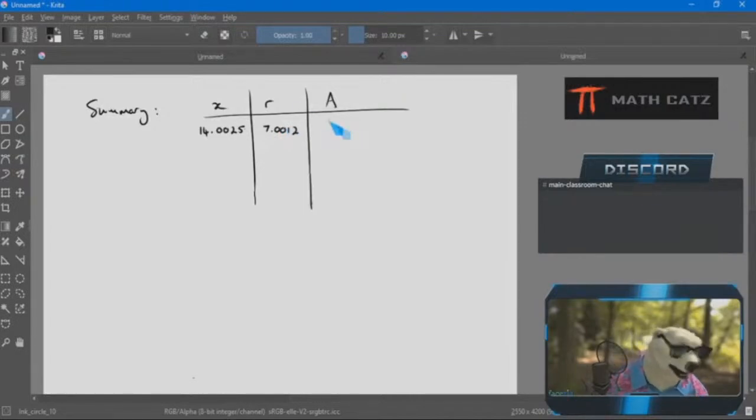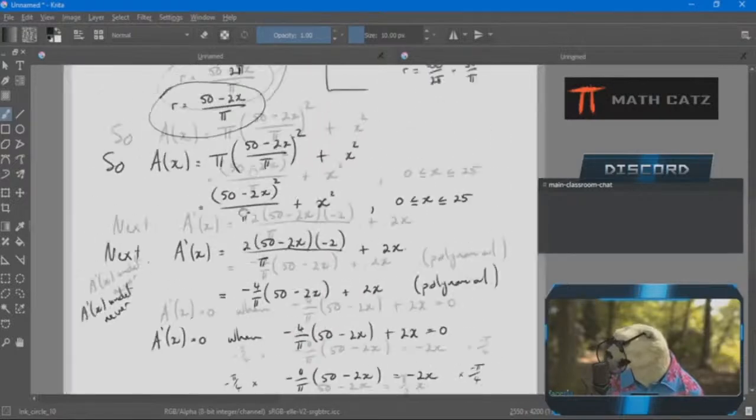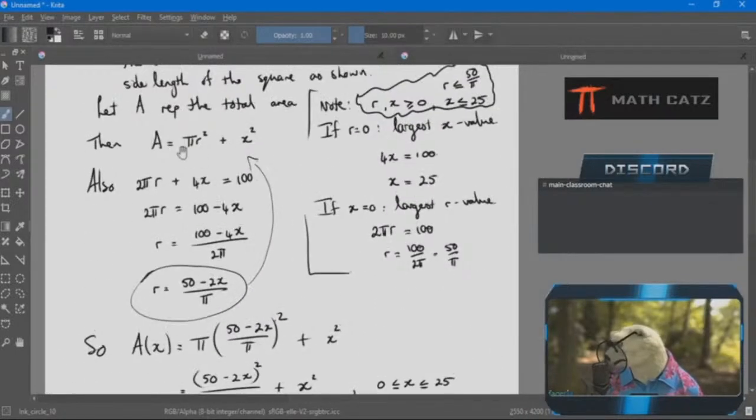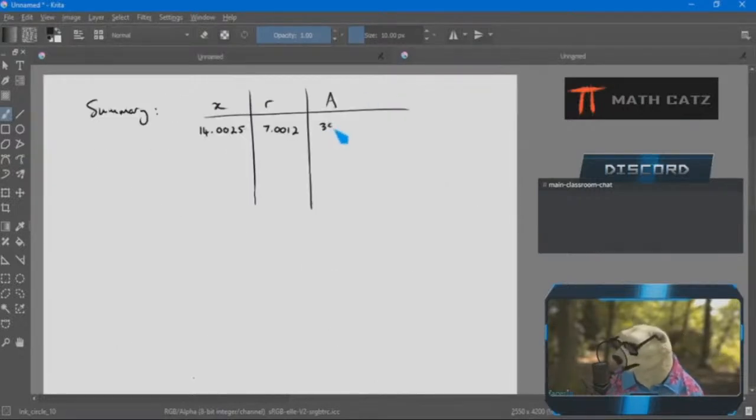Now let's find the area, which the version using R and X is up here. I'm just looking to see if I have done that somewhere. Pi R squared plus X squared, and I got 350.062 when I rounded. Okay, so this is my critical point.